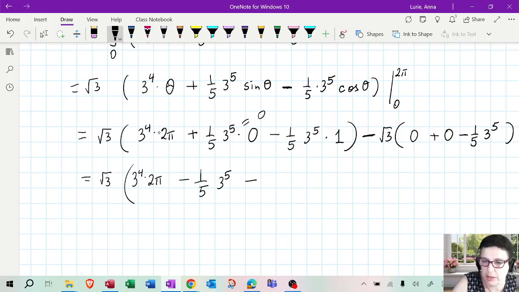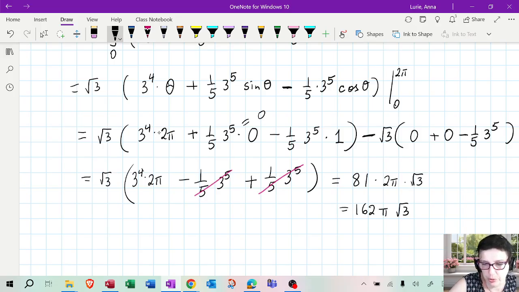And then this is negative, another negative, it's a plus. So guess what happens here? These two are canceling out because they're exactly the same. And we are just left with this one term. So it's going to be 3 to the power 4, which I believe is 81, and then multiply that by 2 pi and multiply that by square root of 3. So that will be 162 pi square root of 3.